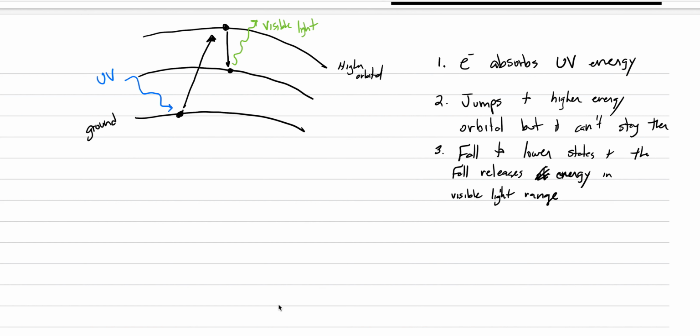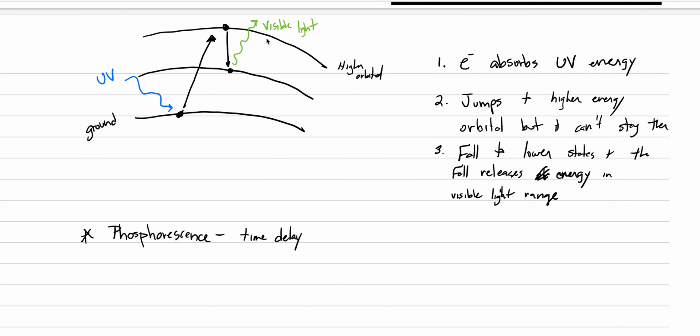There's other types of fluorescence. There's even one type of fluorescence called phosphorescence. The way that it's different is that there is a time delay on this one. With fluorescence, this happens immediately.